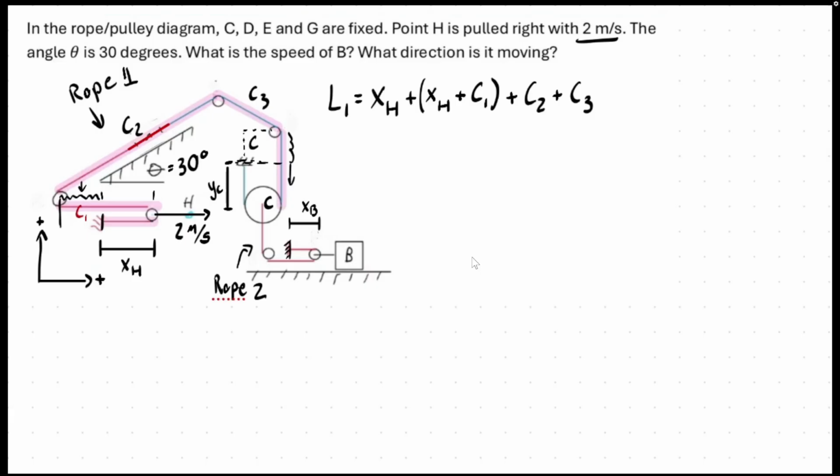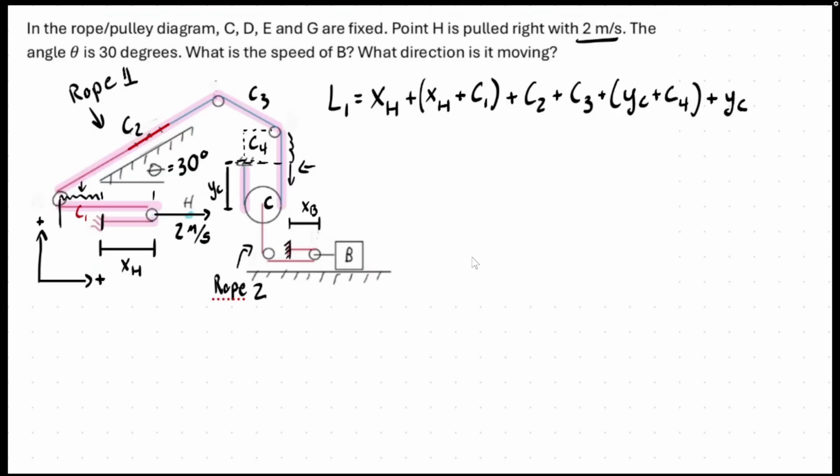So that's going to be C4. This vertical side of the right side is going to be YC plus C4. And then we have this final distance for this first rope on this side, and that's just going to be YC. So plus YC.